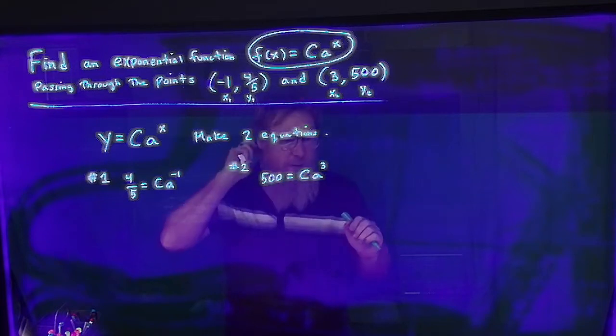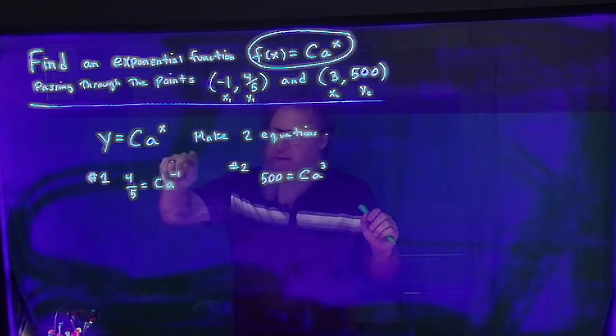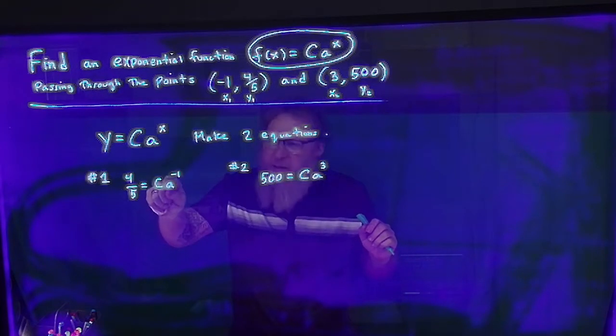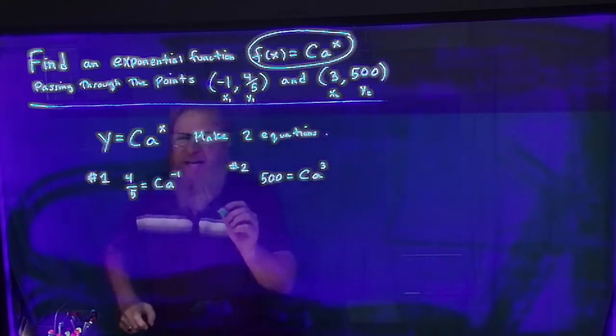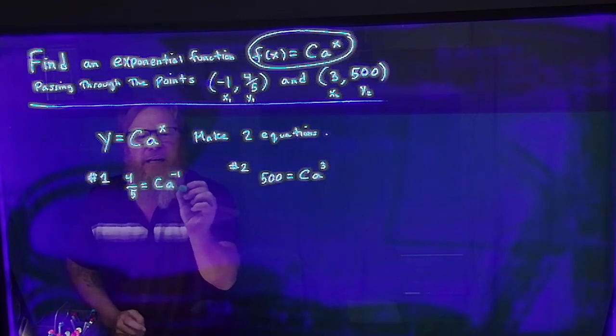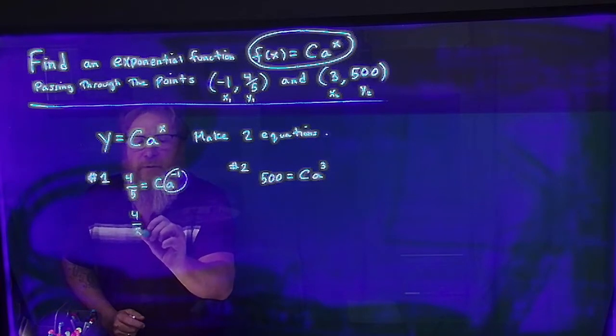Now, we're going to put the second equation on hold for a second, and we're going to solve the first equation in terms of either C or A. I like to solve for C. So solve this guy for C. Now remember, a negative power just means a reciprocal, right?